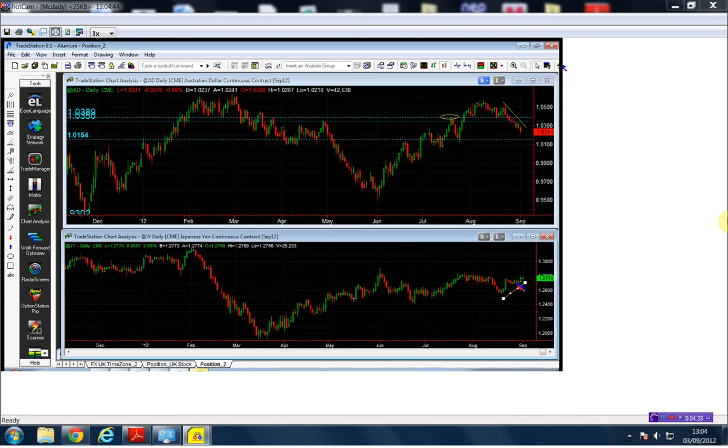So in this case, I can go short the Aussie and long the yen. But is the Aussie yen the best pair for me to trade against the Japanese yen?